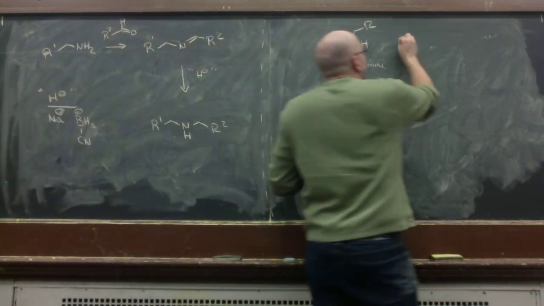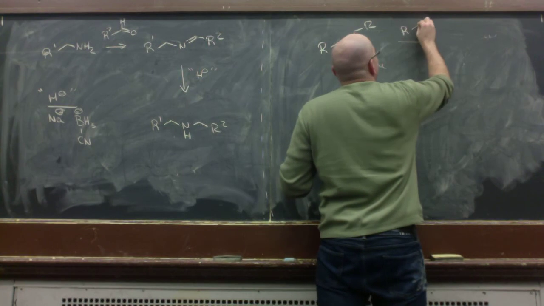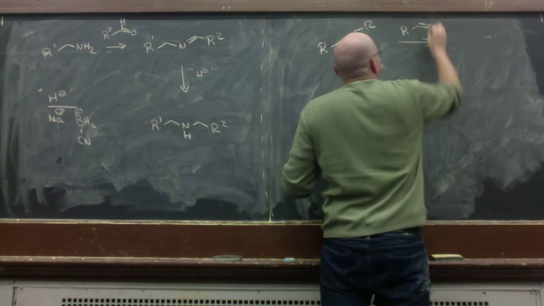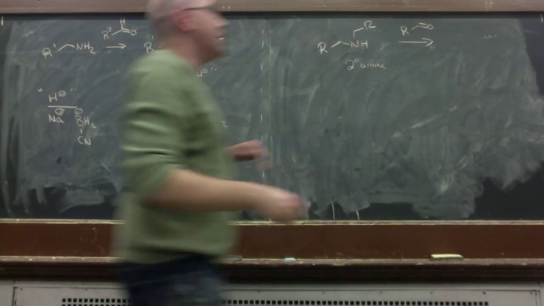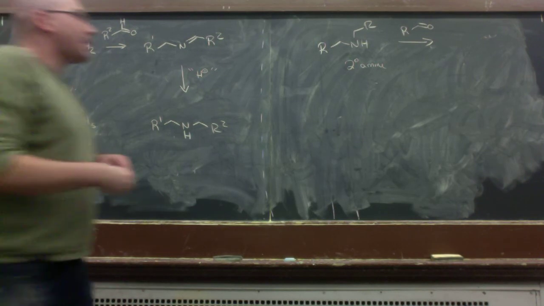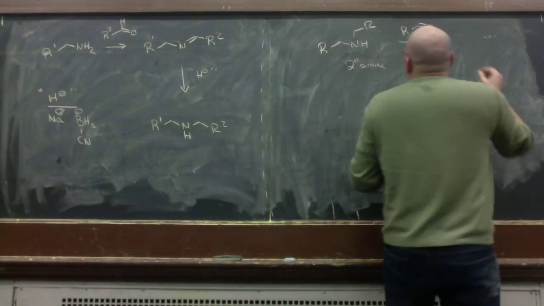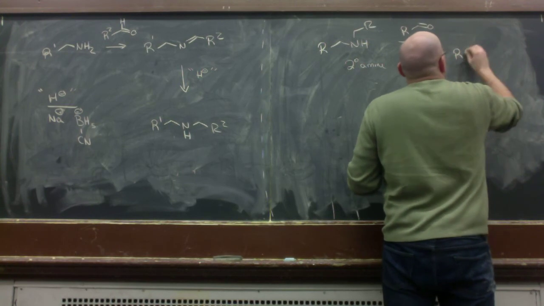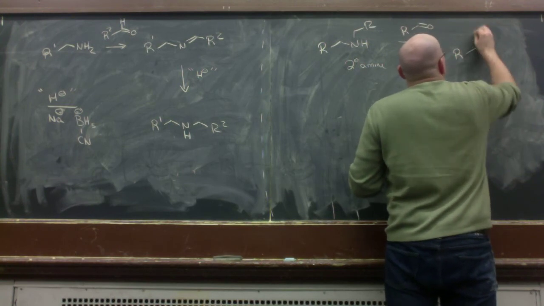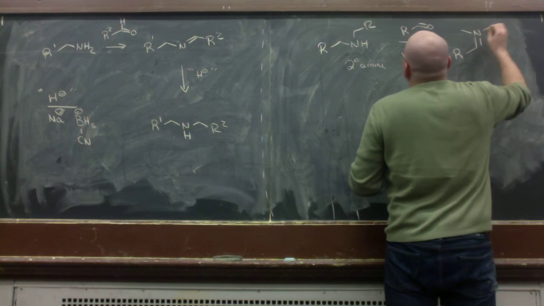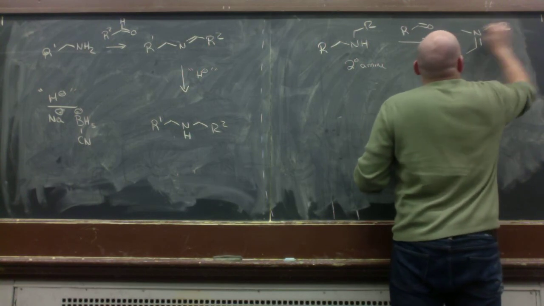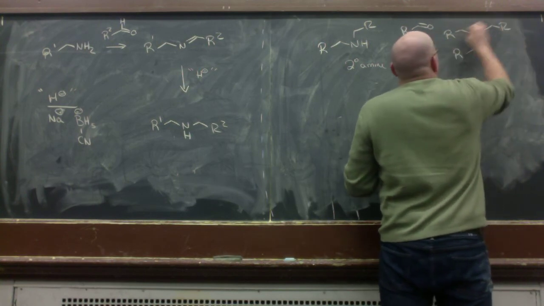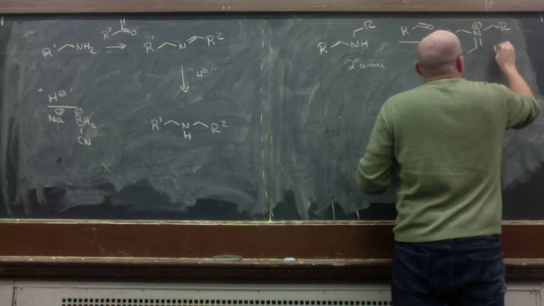Now, if we take this molecule and we treat it with an aldehyde or a ketone of some type, what we're going to get now is an aminium.